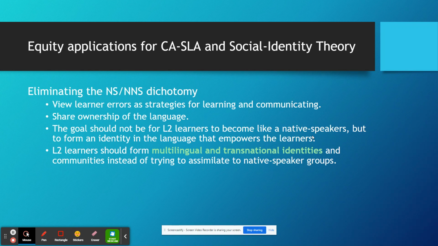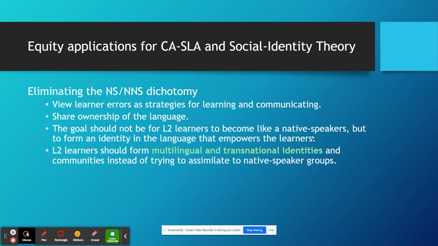So to make the learning process more equitable, proponents of social identity theory and CA-SLA suggest that we identify and eliminate certain power imbalances that exist in second language learning situations. For example, they ask us to consider eliminating the dichotomy between native speaker and non-native speaker. They argue that the monolingual native speaker has no more right to own the language than the non-native speaker, that becoming just like the monolingual native speaker and speaking English like a native speaker shouldn't be the goal.